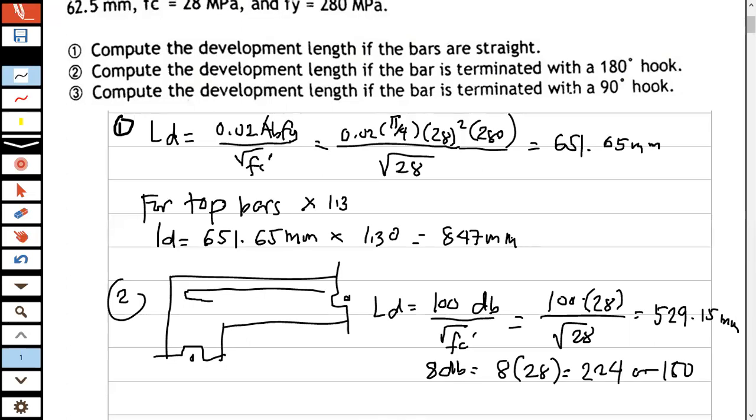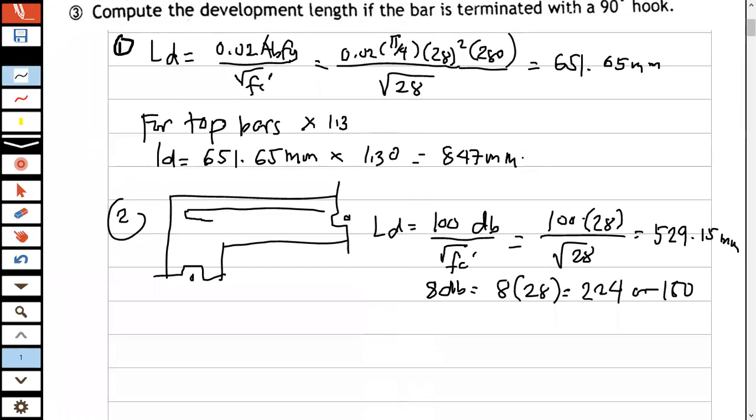But since our Fy is other than 415, since our Fy is 280, we have to multiply with a factor, Fy over 415.